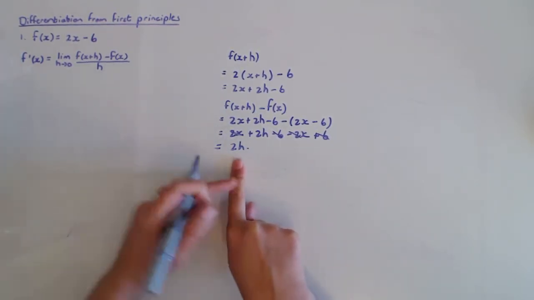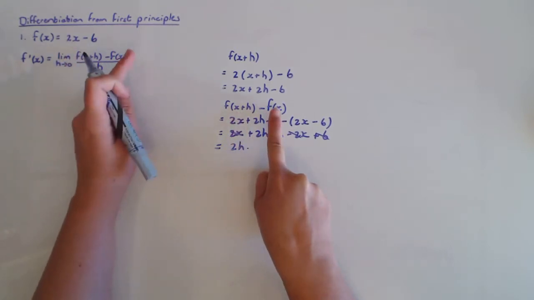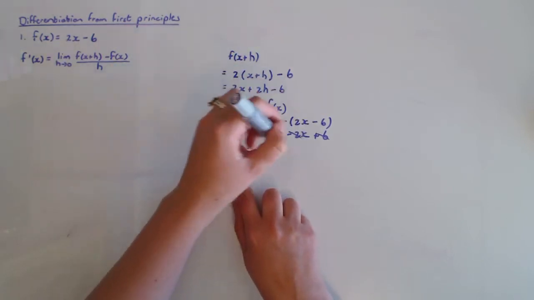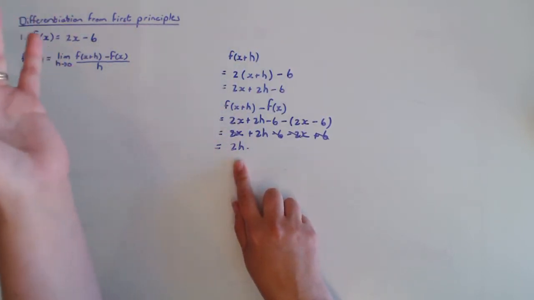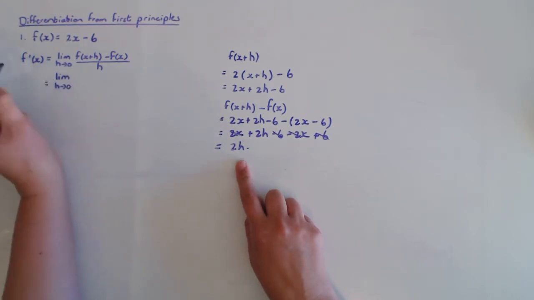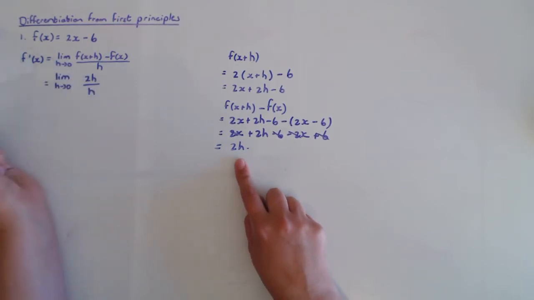Now this is just a bit simpler to substitute there on top, which is the numerator, than doing all of this on top of a fraction. You see what I mean? Right, so I have the limit as h goes to 0 of 2h over h, and then the h's can simply cancel out.